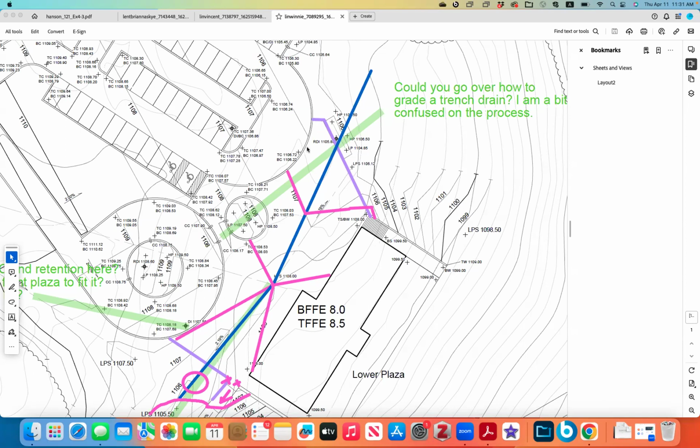So for this one, honestly, you do not need a trench drain in your design here, because your water is all flowing along this swale and then getting into the end retention here, right? What you can do to help divide your plaza is actually putting something in between along the swale.